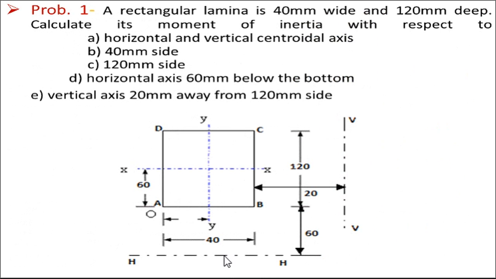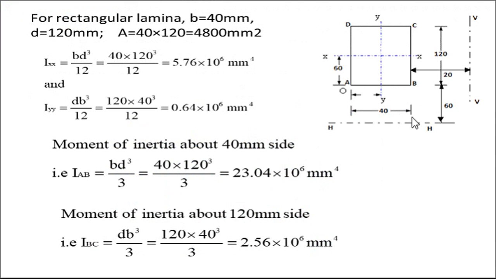You can see here that the horizontal axis is 60 mm below the bottom. So below the bottom of this lamina there is a horizontal axis HH at 60 mm. We have to determine the moment of inertia about this HH axis.